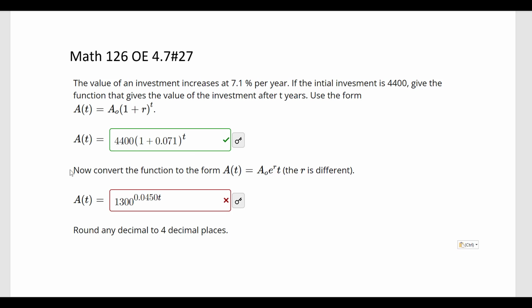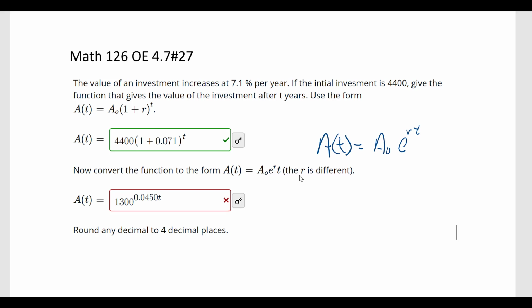So now it says convert the function to the form A of t equals A e to the rt. I believe it's supposed to be A of t equals A naught e to the rt, like that.